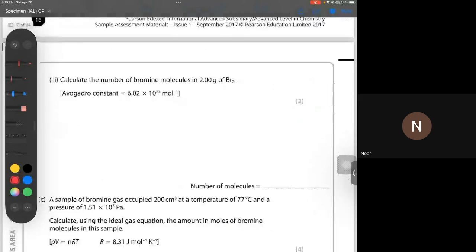Calculate the number of bromine molecules in 2 grams of Br2. The number of molecules would be equal to mass over Mr, multiplied by Avogadro's constant. Mass is 2, and the Mr of bromine, see the periodic table, the atomic mass is 80. 80 times 2 would be 160, multiplied by Avogadro's number.